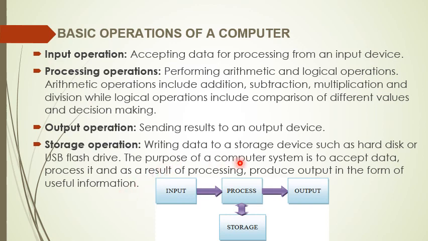So the purpose of a computer system is to accept the data as an input, process it, meaning processing is involved inside it, and the result of processing is what? Output, which is produced in the form of useful information. Okay, so the output which is coming, that is useful information.